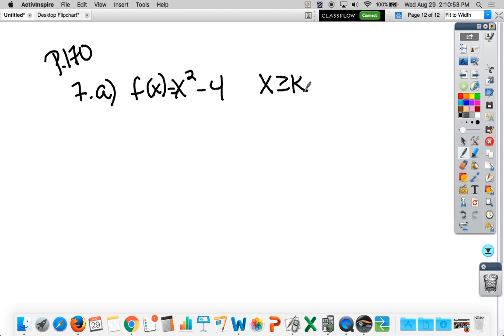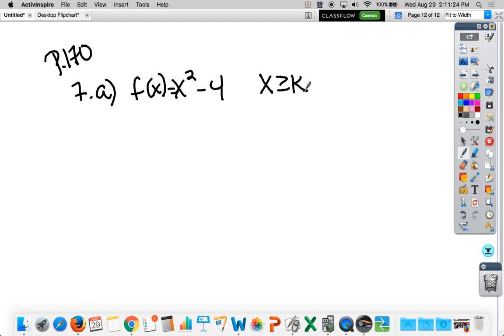That's the domain. In each case, find the smallest possible value of k such that the function is invertible. Can you write me the vertex of this function right here? How would I do that? It's (0, -4).